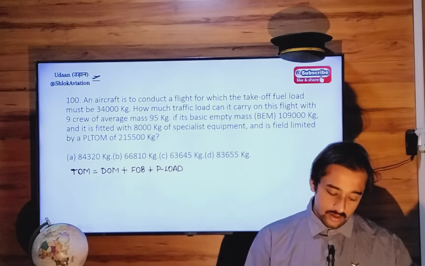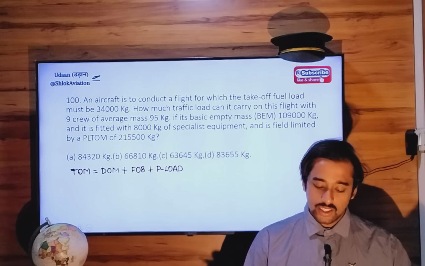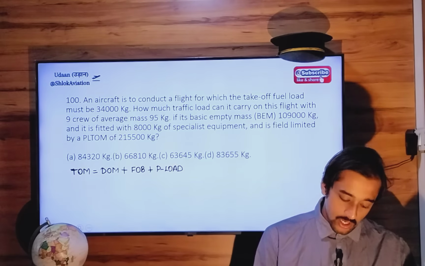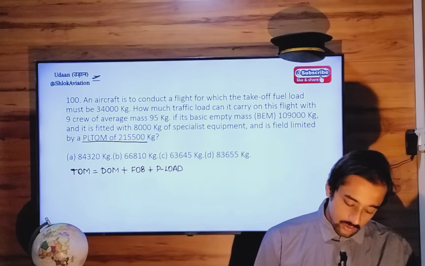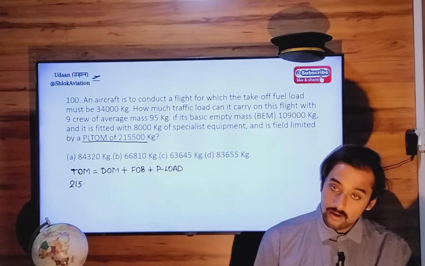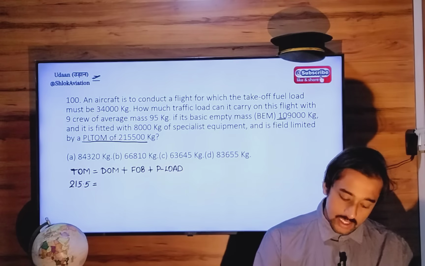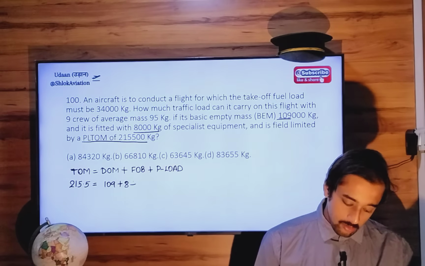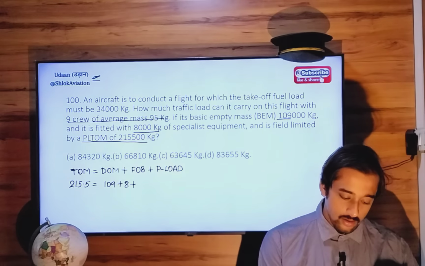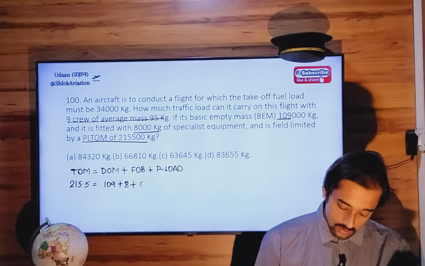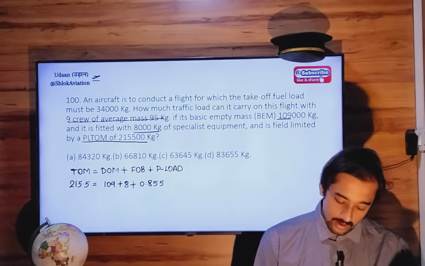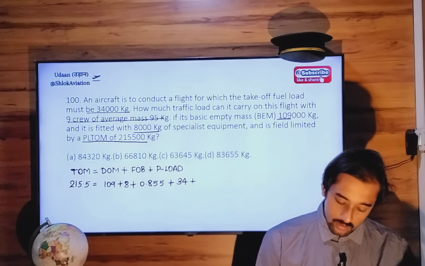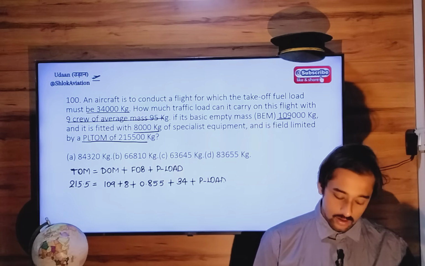Next, question 100. Aircraft is to conduct a flight with conditions similar to the previous question. So again we will substitute the values. Takeoff mass is 215.5. Dry operating mass is basic empty mass plus special equipment plus crew, 9 into 95, 0.855, plus fuel on board 34 plus payload.